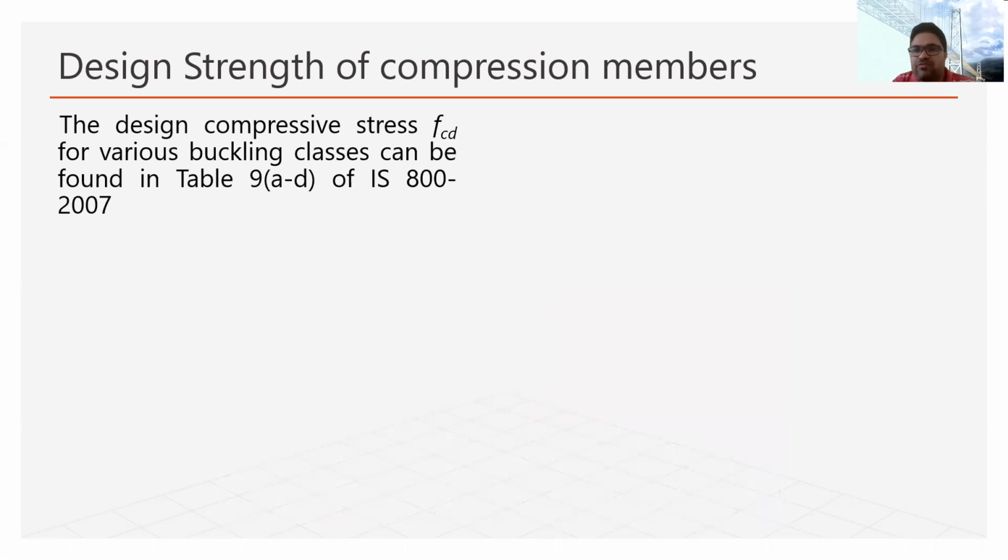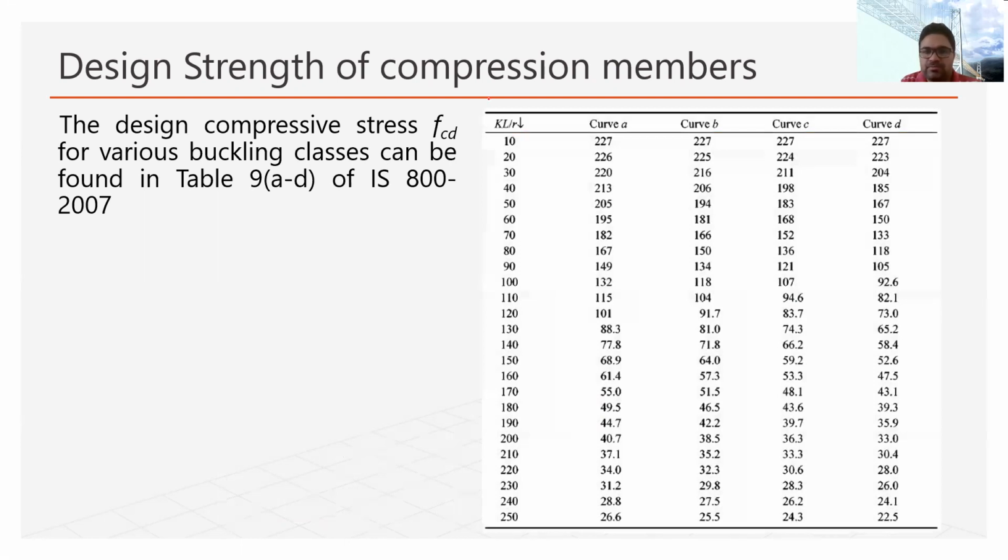Also, the value of FCD is given directly in the table. It is not the IS code table, but I will show you the IS code table also. This FCD value again depends on the curve, which curve our section belongs to.